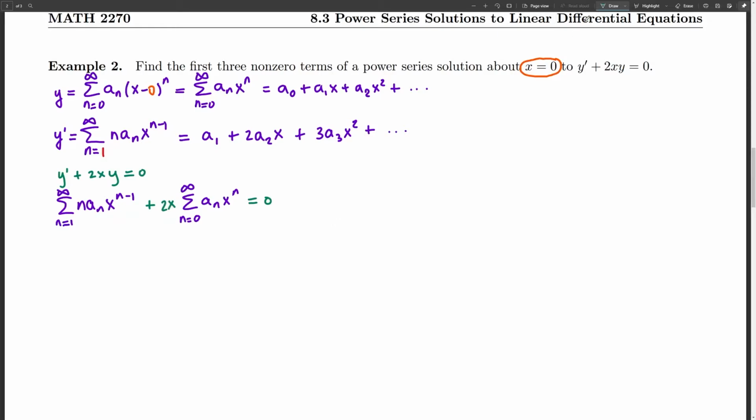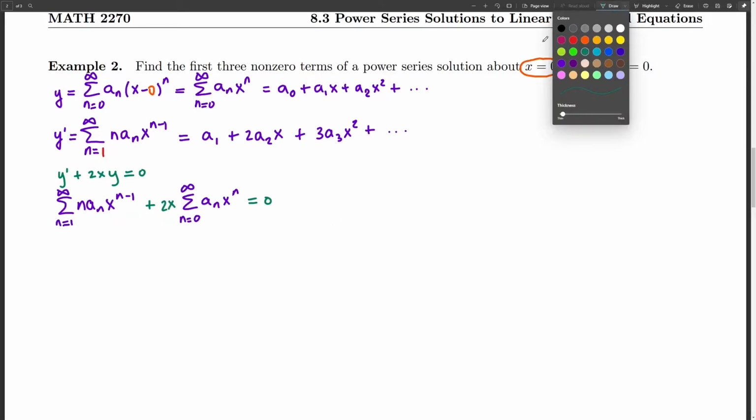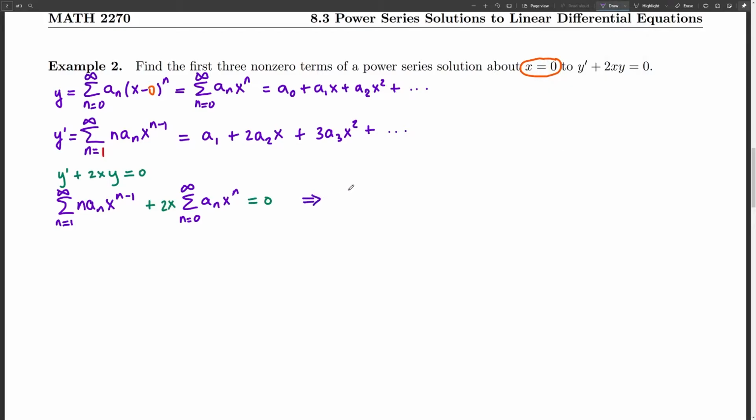Now we can simplify that a little bit by bringing that x into this summation and that 2. So from this, it follows that the summation from n equals 1 to infinity of n times a sub n x to the power n minus 1 plus the sum from n equals 0 of 2a sub n x to the power n plus 1.